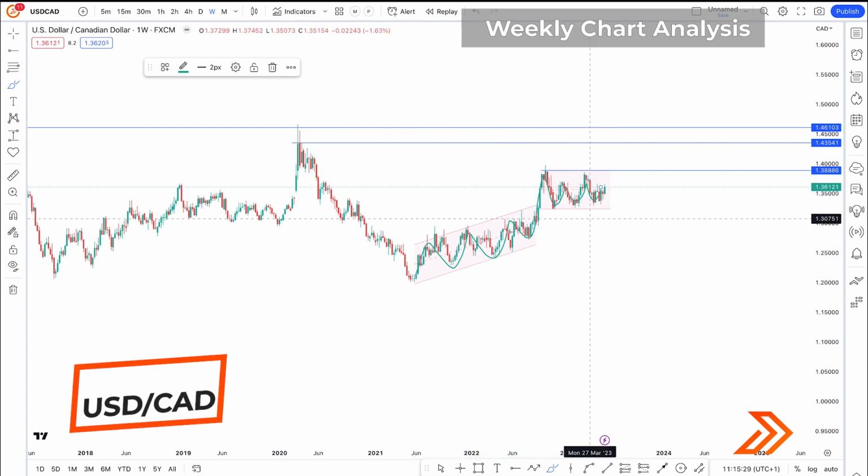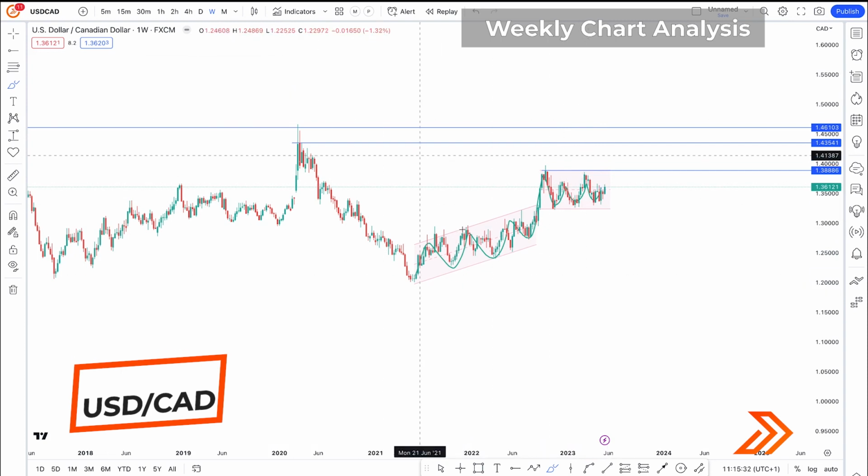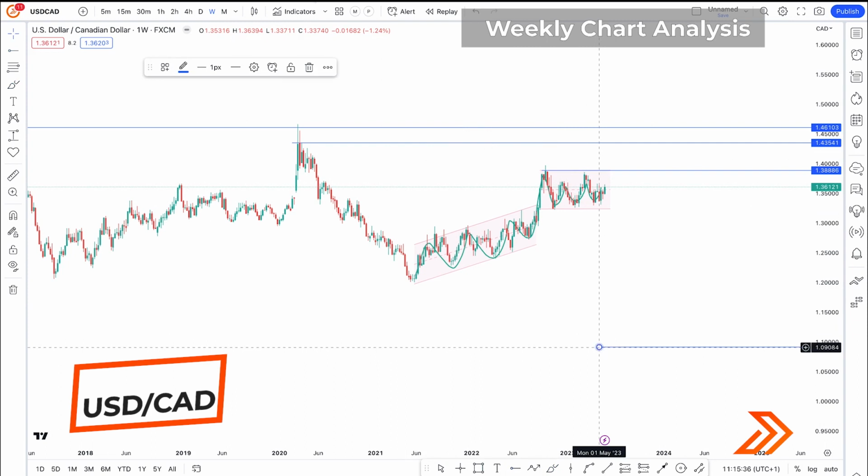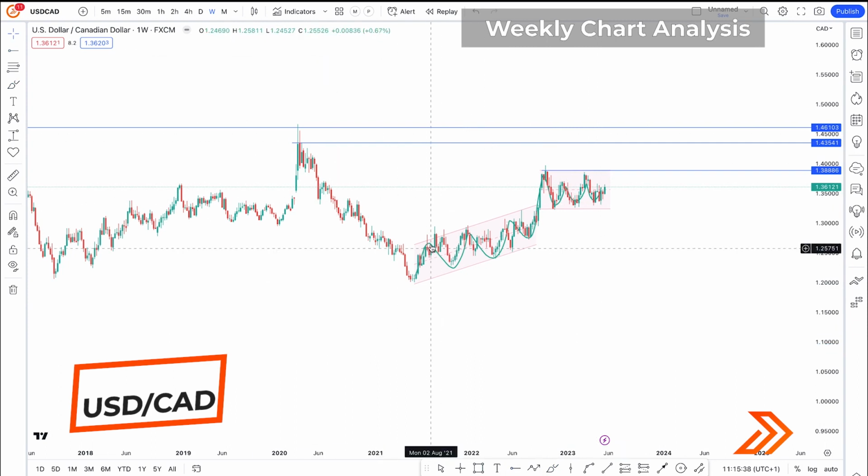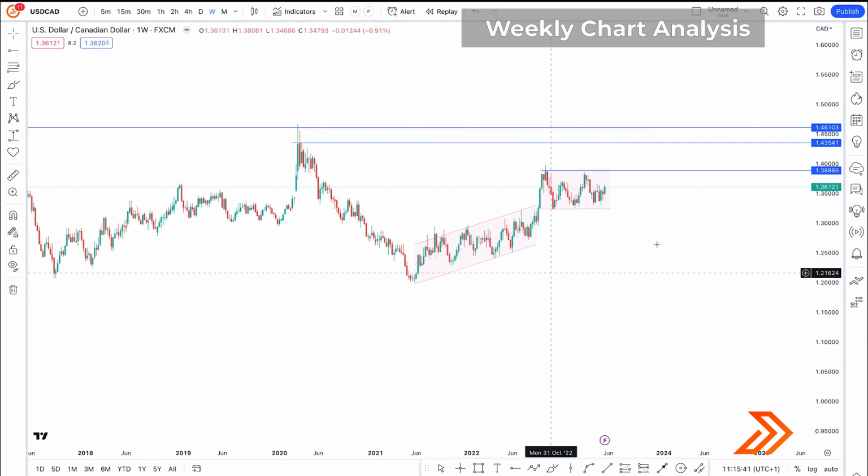But all in all, guys, in terms of my buyers on USD CAD, I should expect to see price going back up to test this high that we have here, because price has been ranging within this box. Price bounced off this resistance zone, bounced off the support zone, traded in between, and then we had a bounce close to this support zone and a bounce off this resistance zone as well, and then price continued to trade in between.